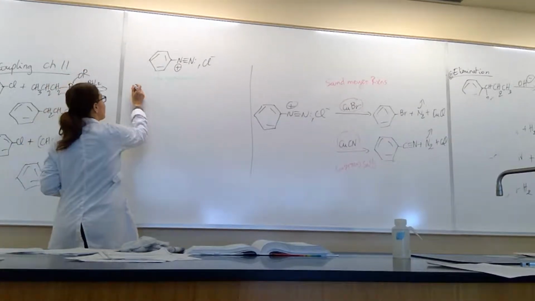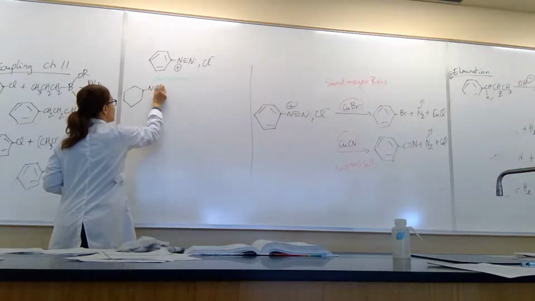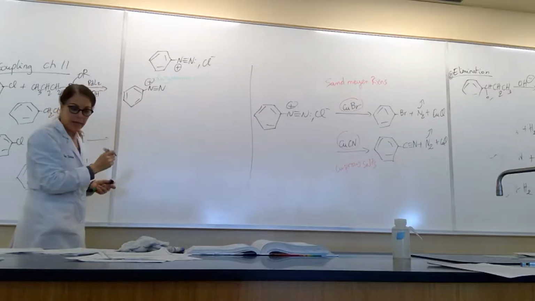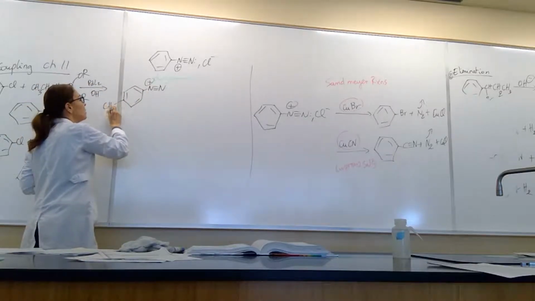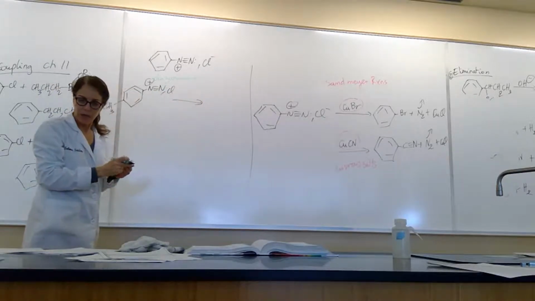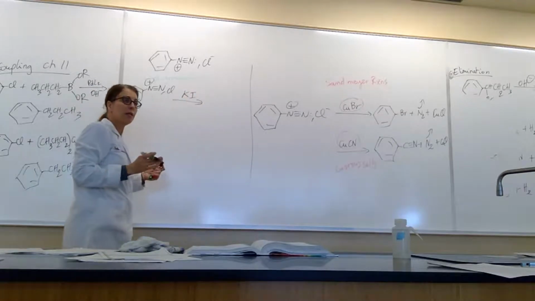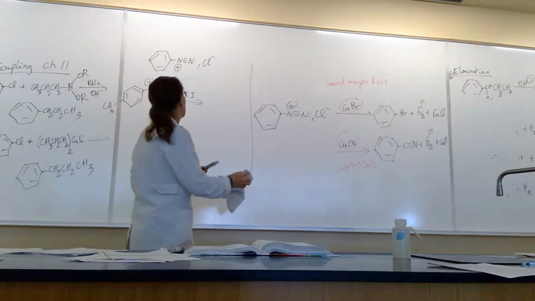So here we have another one where I can use this diazonium salt. And I have a substituent on the ring. It could be CH3. So one way is with KI. All you need is KI. You don't need any fancy reactant.